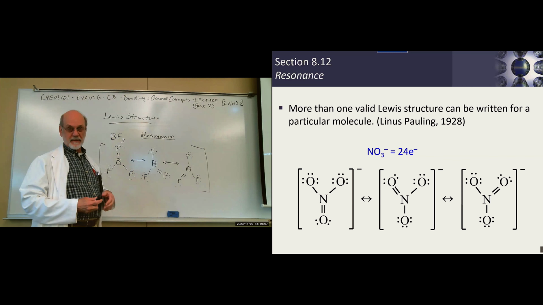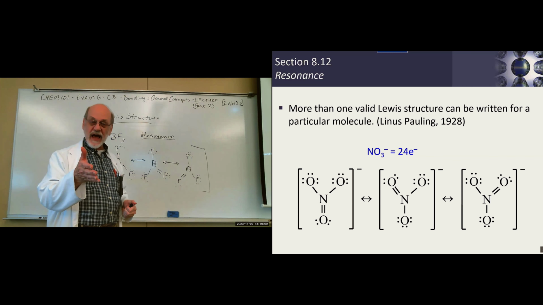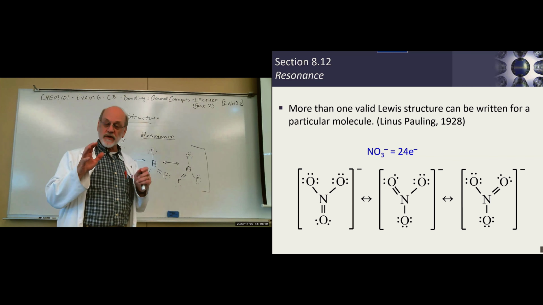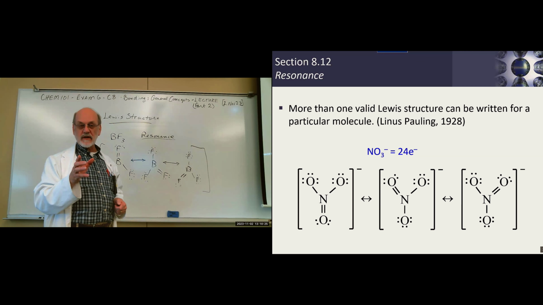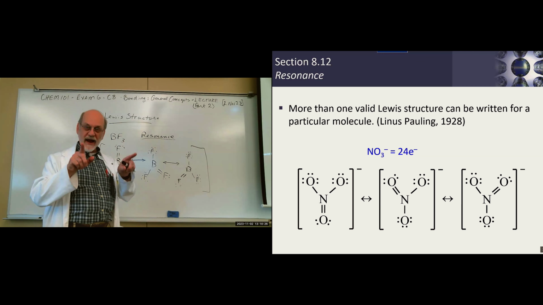The example here in that slide is with nitrate. Nitrate ion, NO3 minus, is a similar situation. Notice that in this case, when we draw the structure, we have to keep the charge. So we drew brackets around NO3, Lewis dot structure, and put a negative there.